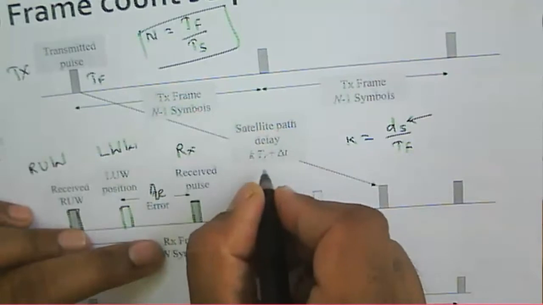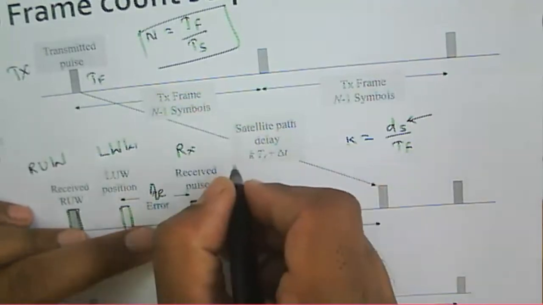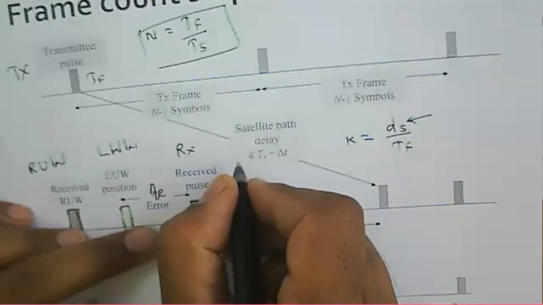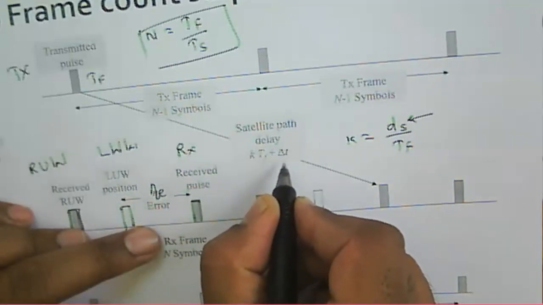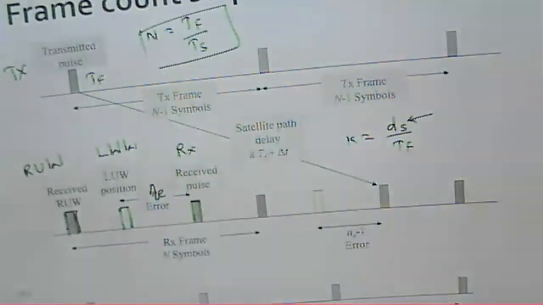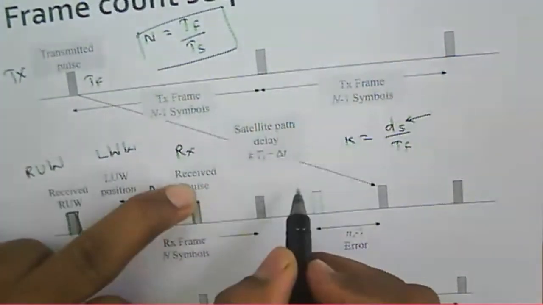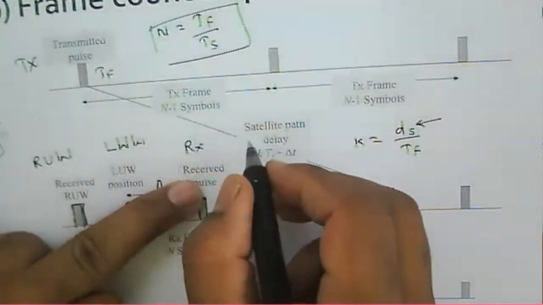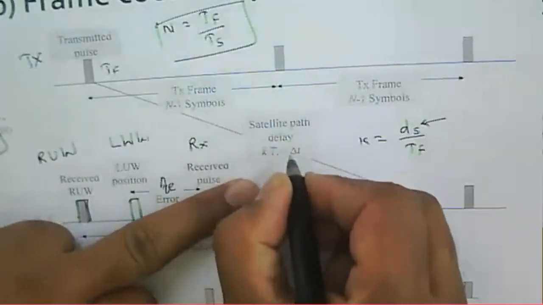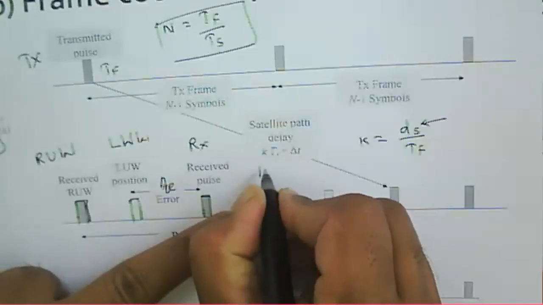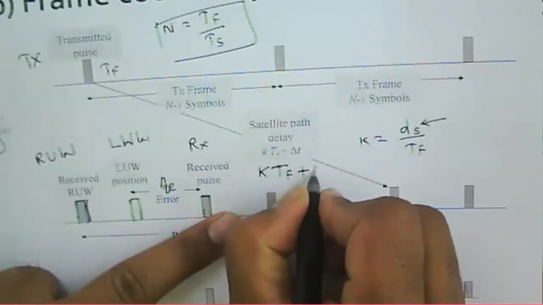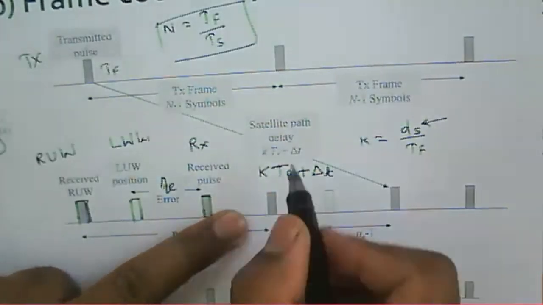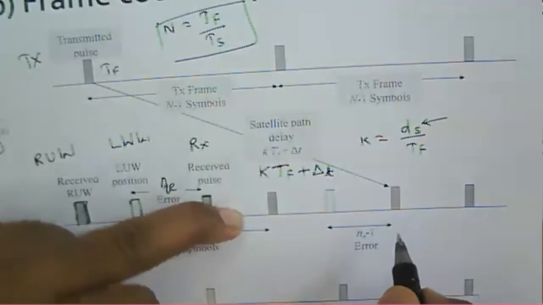So we can calculate K TF here, and this delta T is a drift in the satellite path. So the satellite path delay is K TF plus delta T.